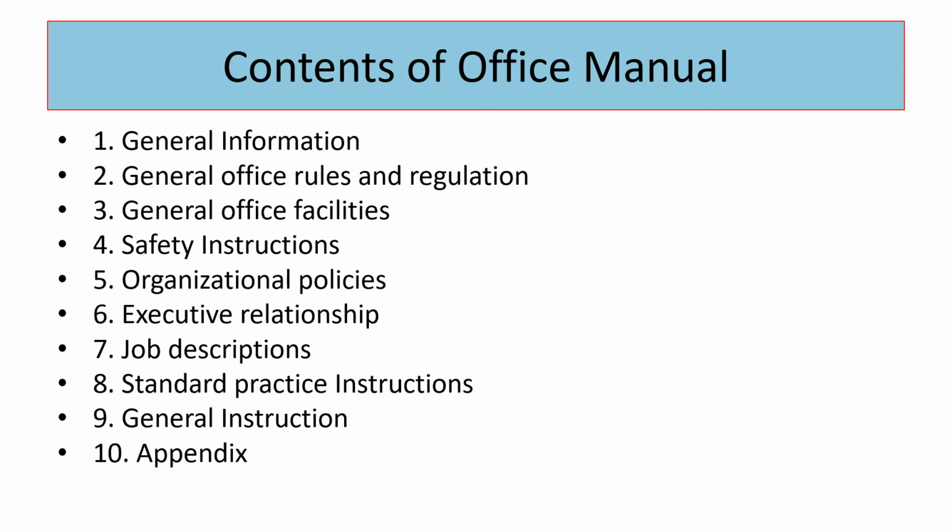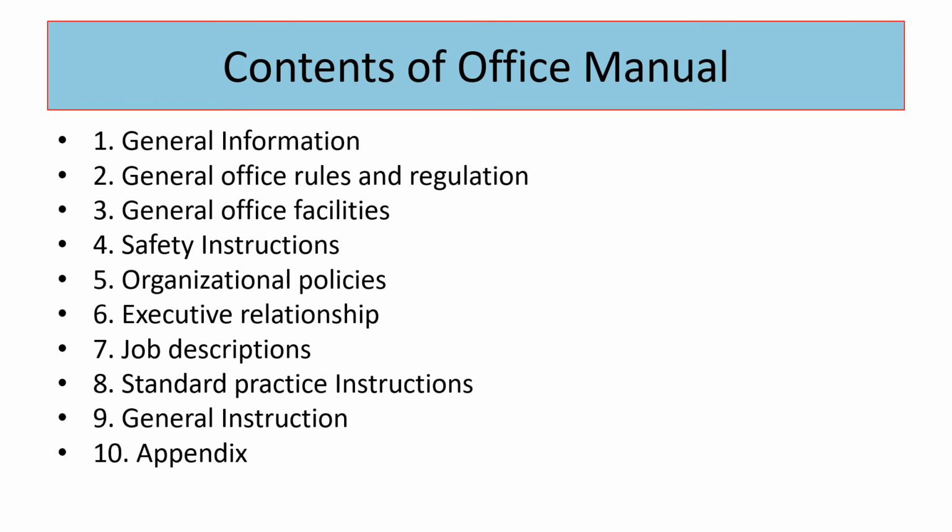Thereafter, the next point is standard practice instruction: the instructions relative to repetitive work that has been standardized, including instructions for handling incoming and outgoing mail, stationery, filing, etc. Next is general instruction for the performance of non-standardized work.